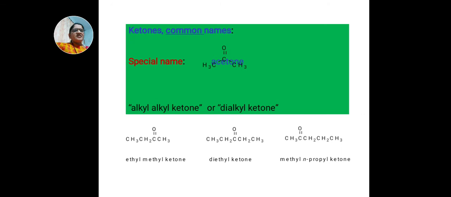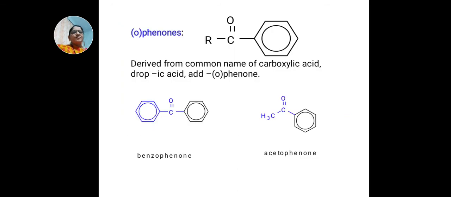And third example, on this carbonyl carbon atom one is methyl group and another is N-propyl group, that means CH2CH2CH3. Again alphabetically methyl comes first before N-propyl group. Hence the name of this compound is methyl N-propyl ketone.